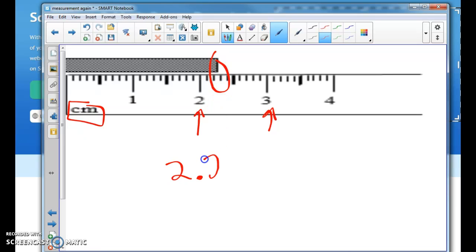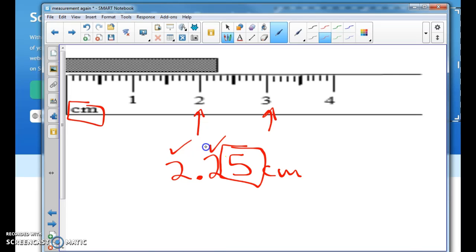So you know it's 2.2 something. Now then, we do not know anything more than it's this, so we would just estimate, and that looks roughly in the middle, so I would put 2.25 centimeters. These are the two numbers I know. This is the number that I guess.